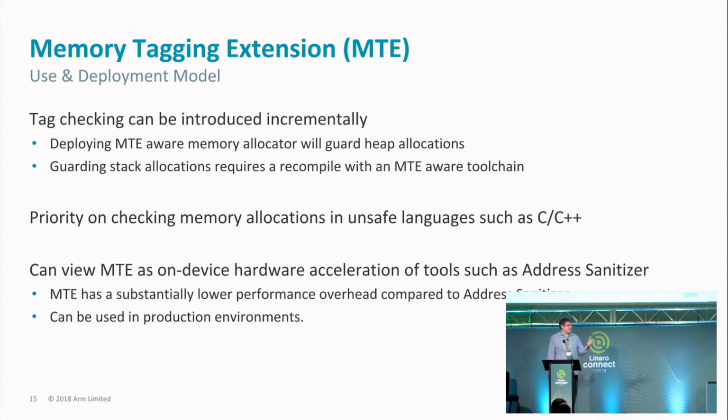Address sanitizer has many X times, 3, 4 X times at least overhead. MTE, the memory tagging, has a lower overhead, so it can be used in production environments. As I said earlier, it is probabilistic, but if you're deploying it in large-scale deployments, the probabilities tend to that you're going to find these issues. You're going to find your vulnerabilities.